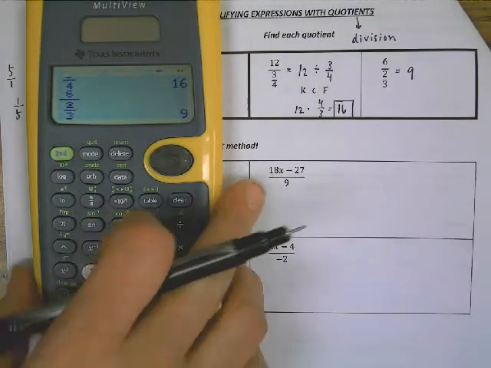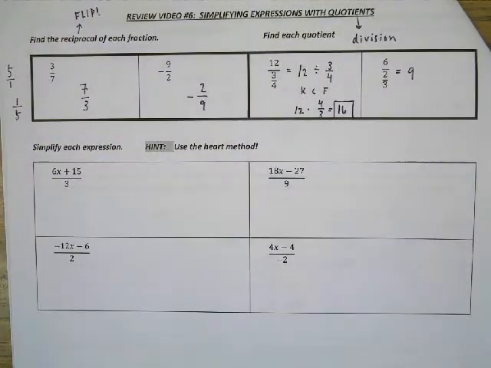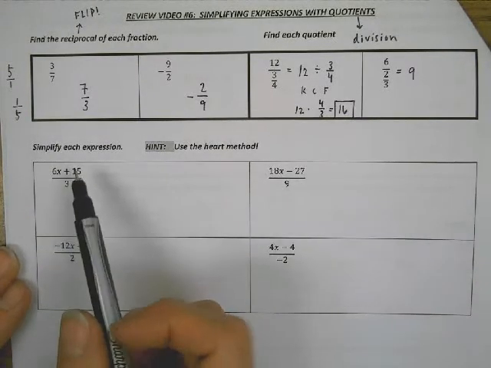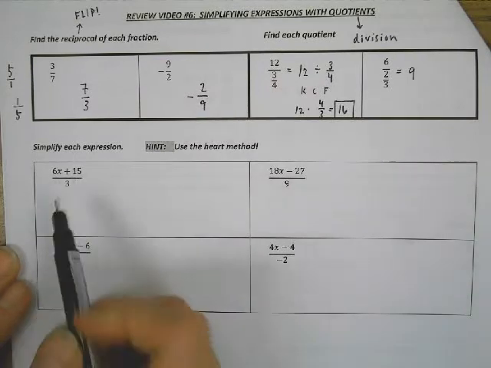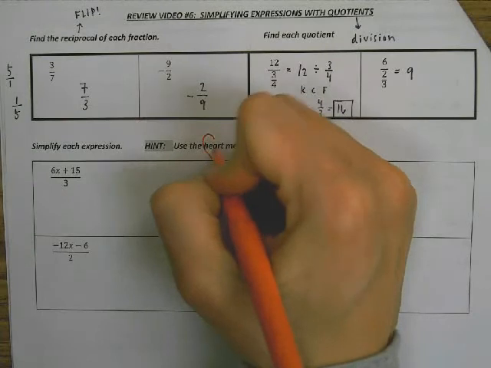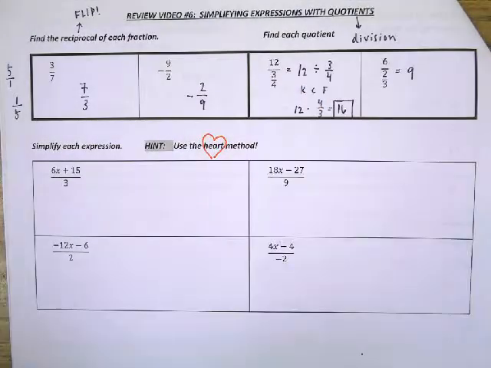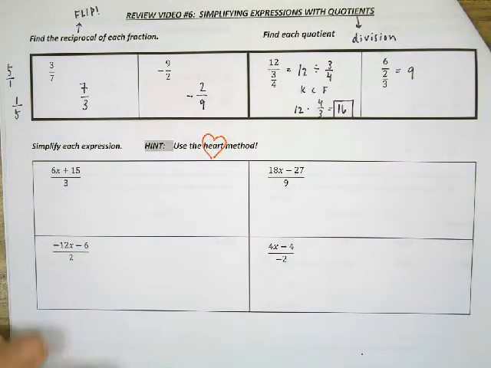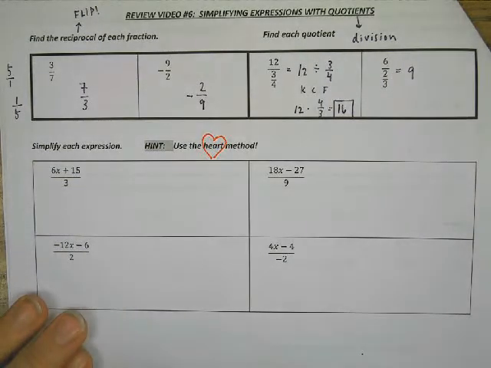So then the only other piece of this is where we were simplifying expressions that had a quotient in it. My hint here is to use the heart method. Here's how this looked if you don't remember. What we do is we take the first term in the numerator and we divide that by the denominator.